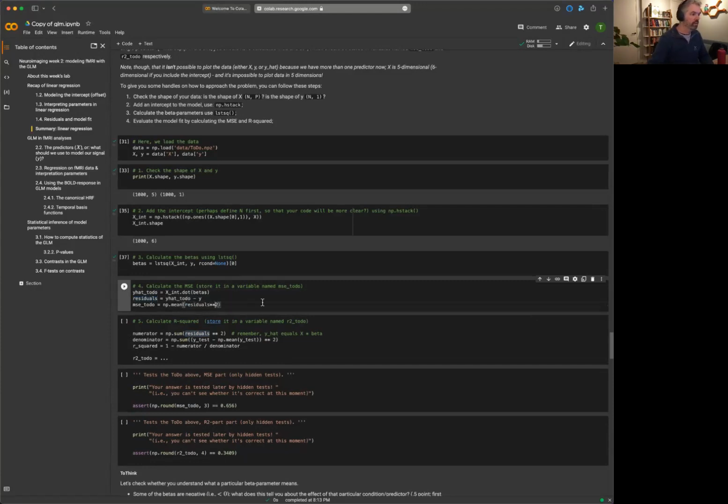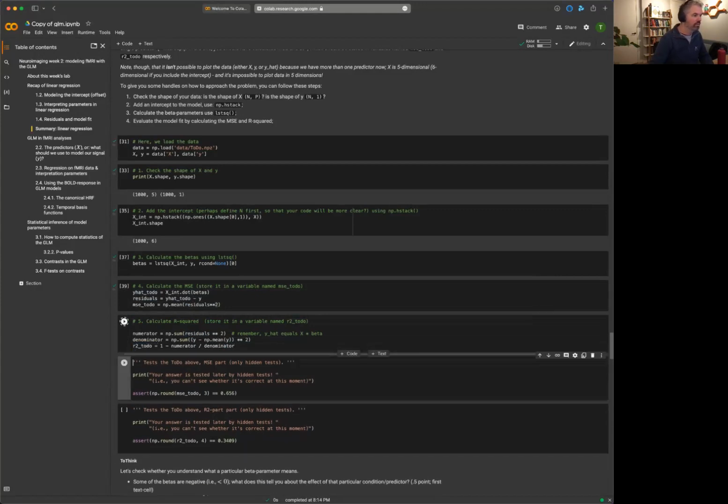And I'll add it there, right? So now I have this residual. I have my y, right? So that would be y. I guess, yeah, that was the name of the data here. So this means that r2_todo is done. I hope, because now I'm going to check.